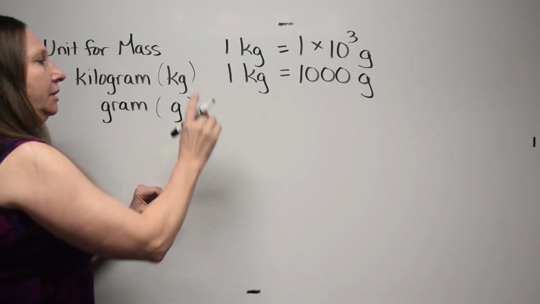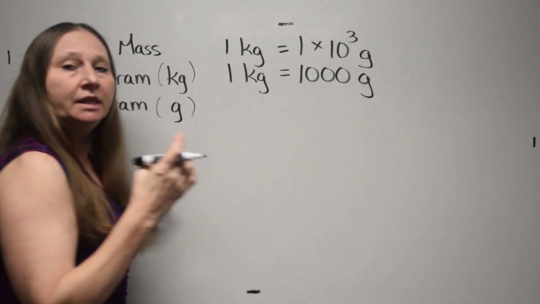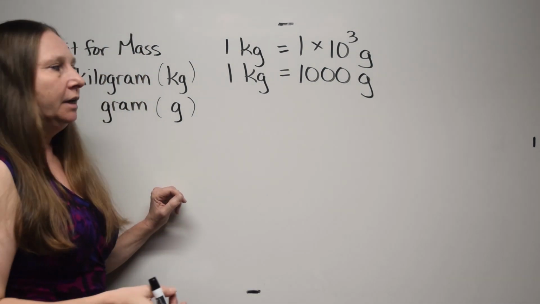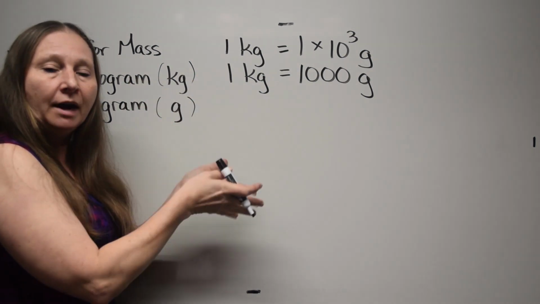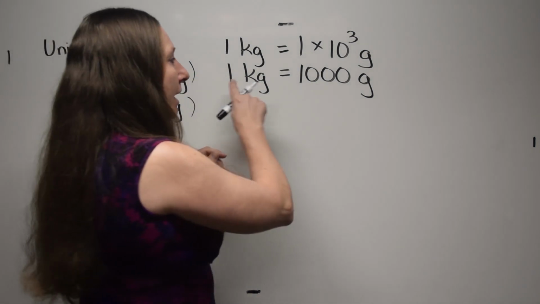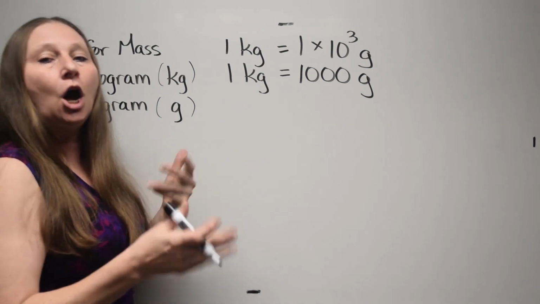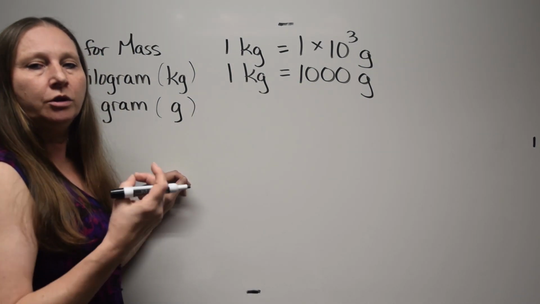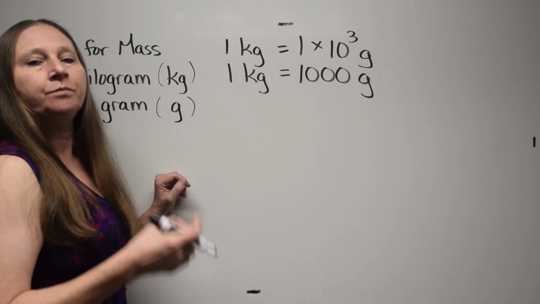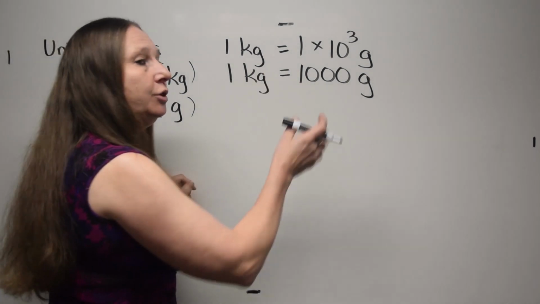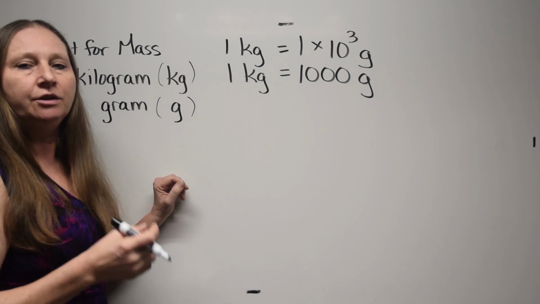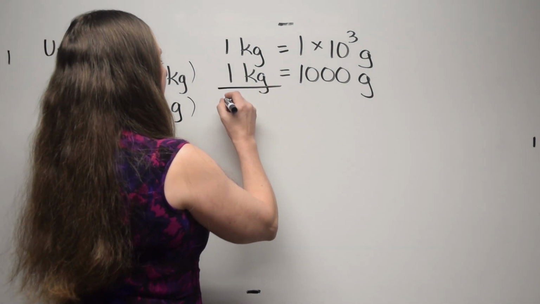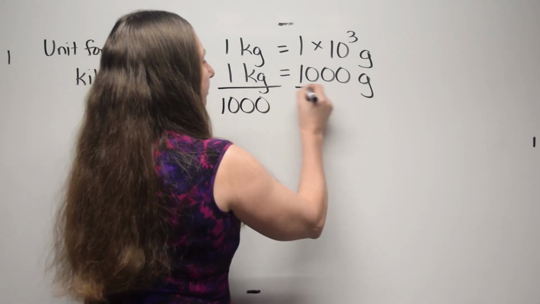Now, since 1 kilogram equals 1,000 grams is a correct mathematical equality, if we perform correct algebra on this mathematical equality, we will get other versions of this mathematical equality, which are also correct. In other words, we know that we're allowed to do the same thing to both sides of an equal sign in math. So let's divide both sides by 1,000.